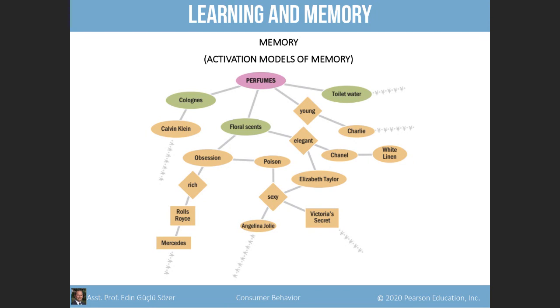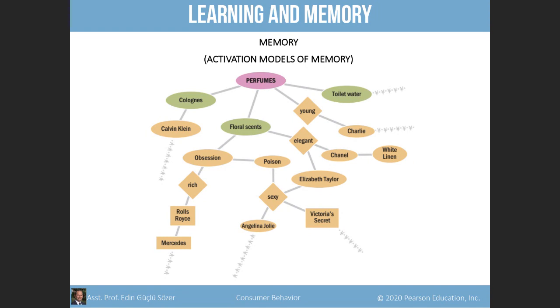Let's say it's a cologne, and I recorded this into the perfumes category, the perfumes associative network. Everything is clear.